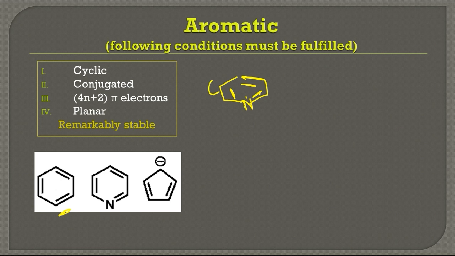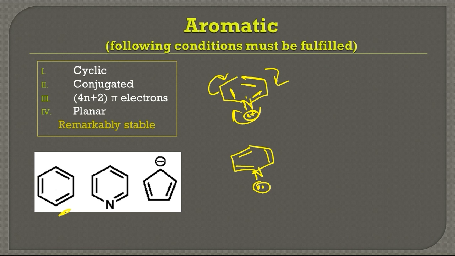And what about the conjugation? The conjugation will be like this. In the next picture, the double bonds have exchanged their positions, right? But see, the lone pair over nitrogen is not part of conjugation. It is intact. But conjugation is present, and obviously here 6 pi electrons are there, a total of 3 pi bonds you can see.